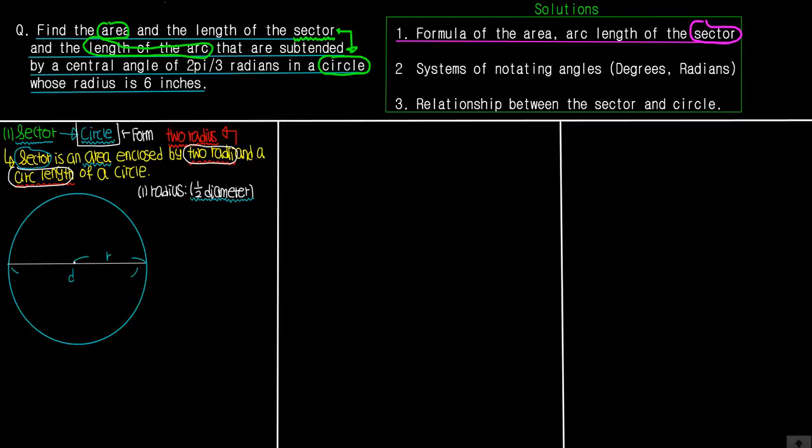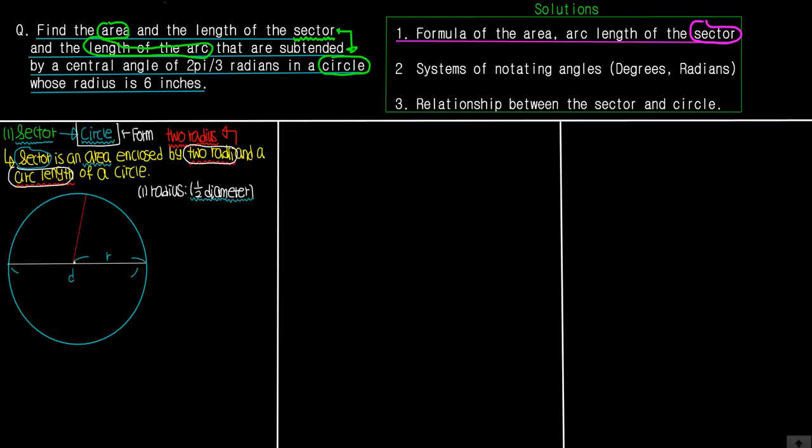The definition of our sector is that it is enclosed by two radius, which means we need one more radius, so we'll draw something like this. But remember that the radius should always pass through the end points of our outline in the circle as well as the central point.